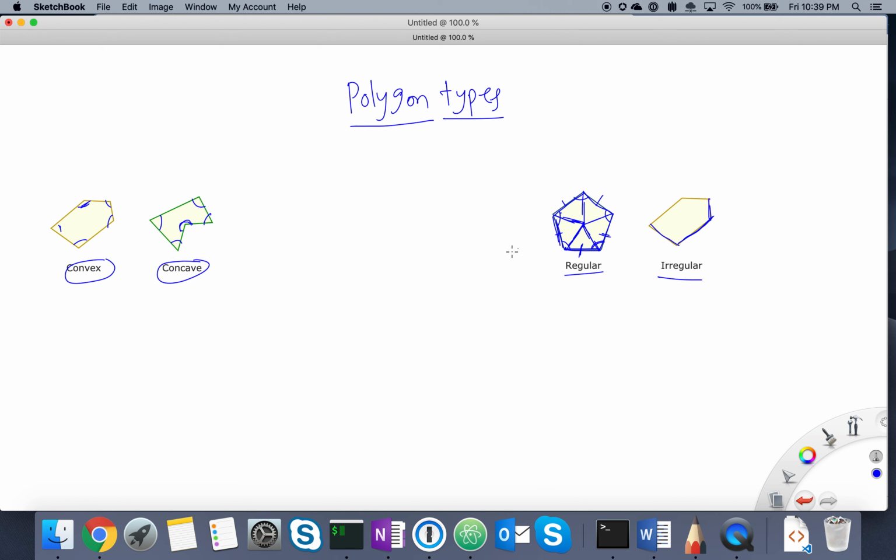Now let me bring another perspective here. Let's talk about the convex polygon. What I'm going to talk about is applicable only for convex polygons. So let me build one convex polygon here. I'll take a square. There's no better example than that. It's also regular. Or I'll take another, a pentagon also.